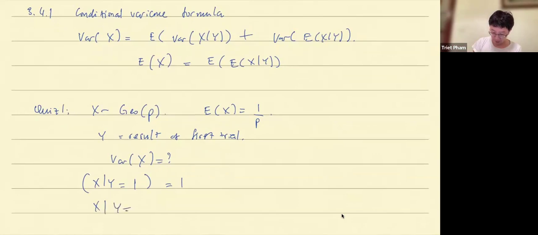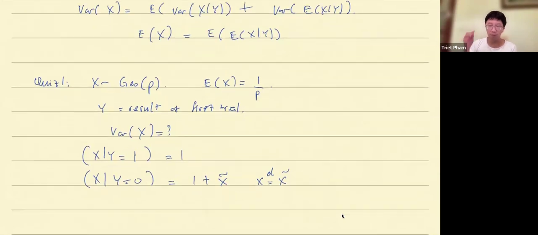But if the first trial is a failure, then you need to repeat the experiment again to find the first success, wasting 1 trial. Let's see if you understand this. Then what is the conditional variance of X given Y? Can we understand what that is in this case?